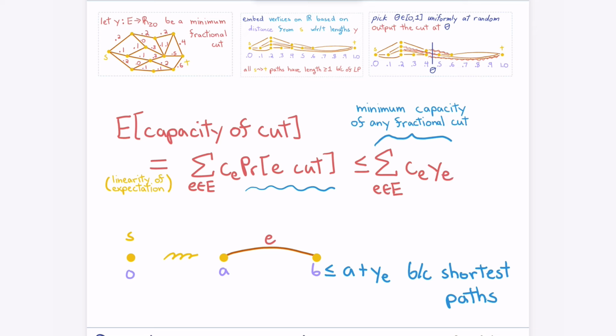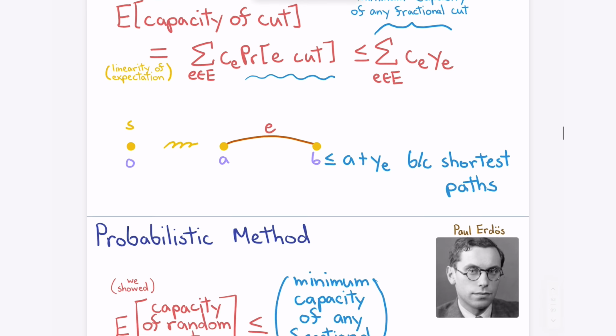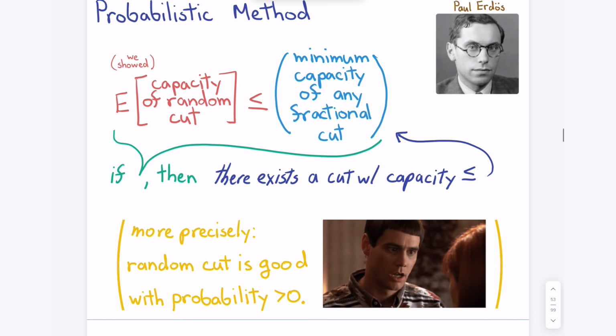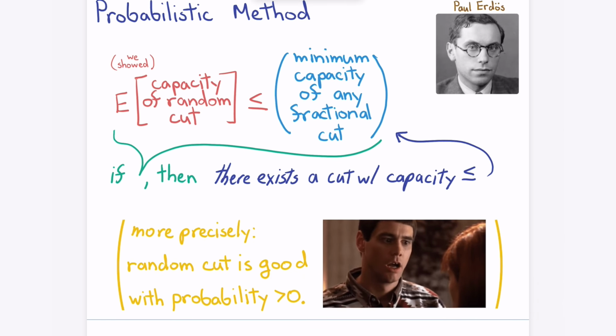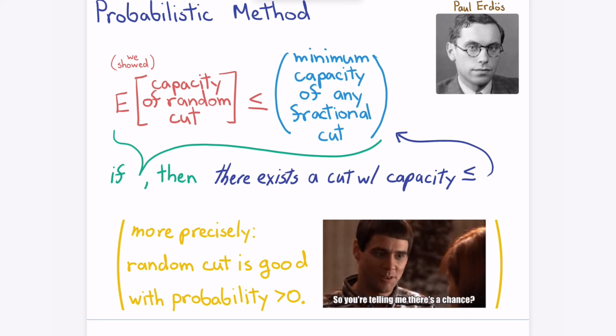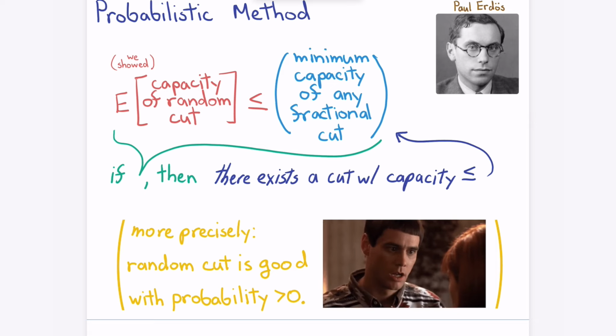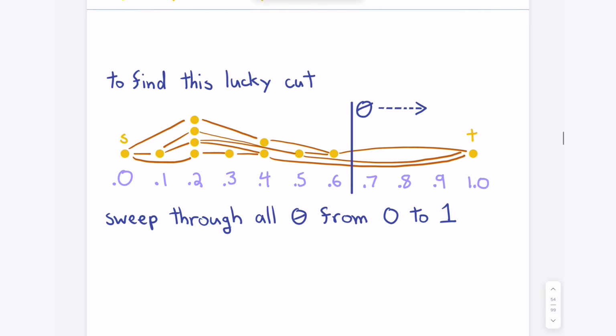Yeah, so, okay. If the average cut is good, then there exists a cut that's good. So one of these values of theta must be very good. So you can sweep through all the theta from 0 to 1.